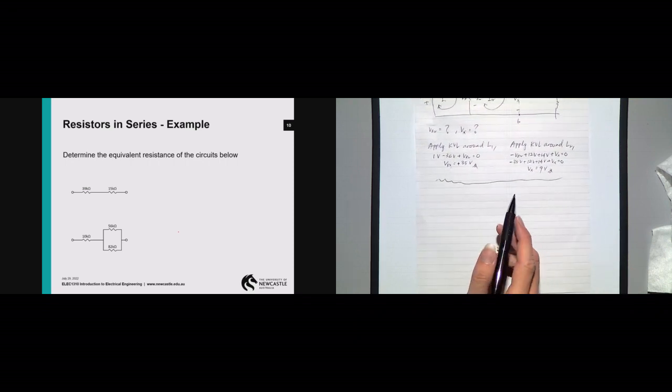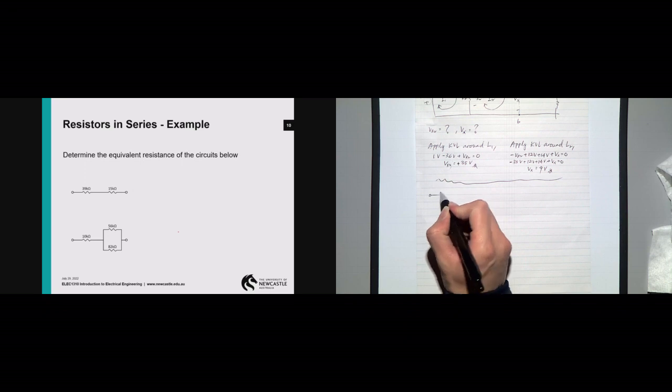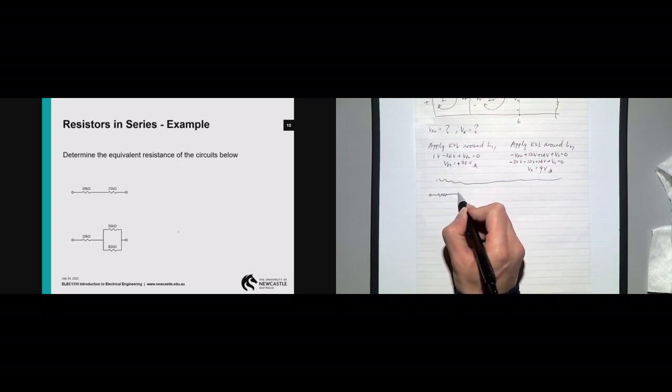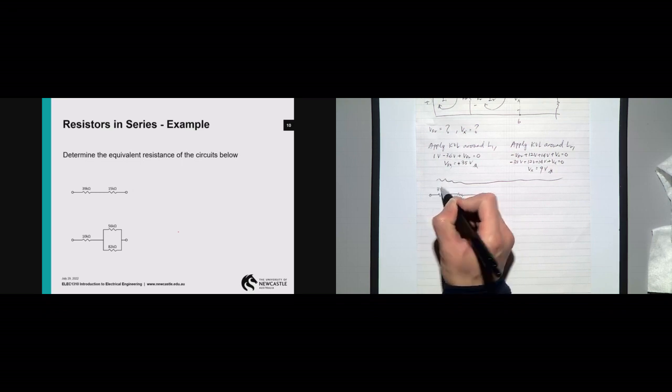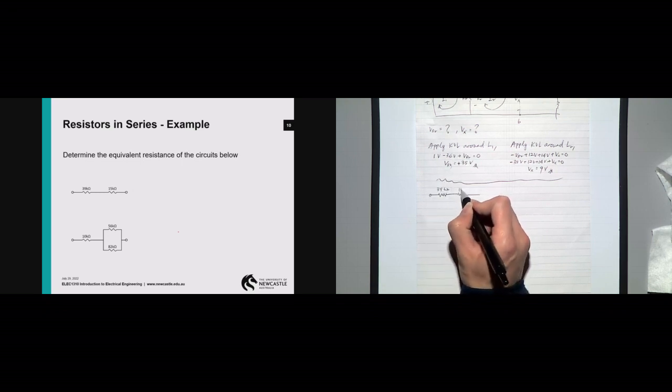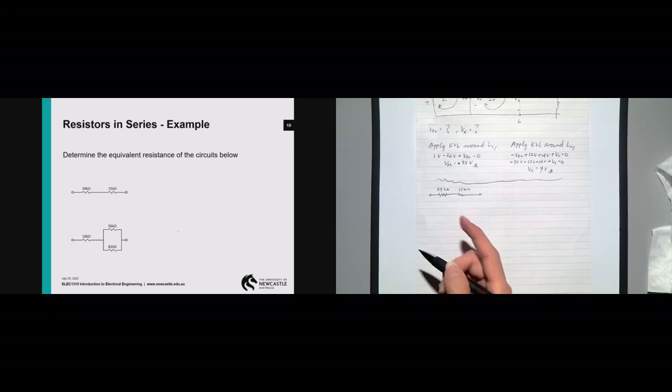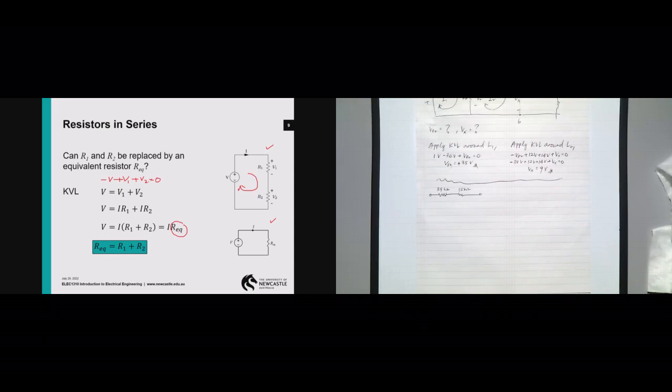So for the first question, resistors in series, 39 kilo ohms and 15 kilo ohms. To solve this problem, it's fairly easy. We can just refer to the slide above. If it is in series, we can do the first resistance plus the second resistance, right?